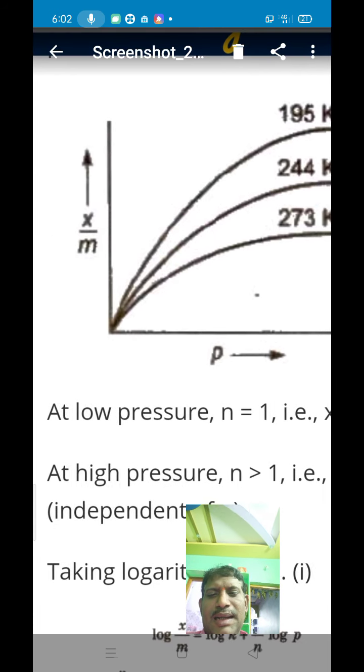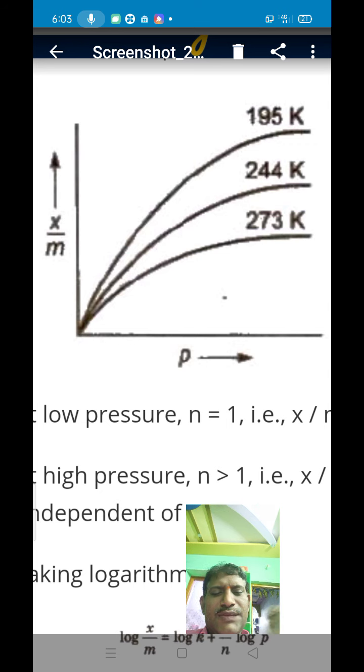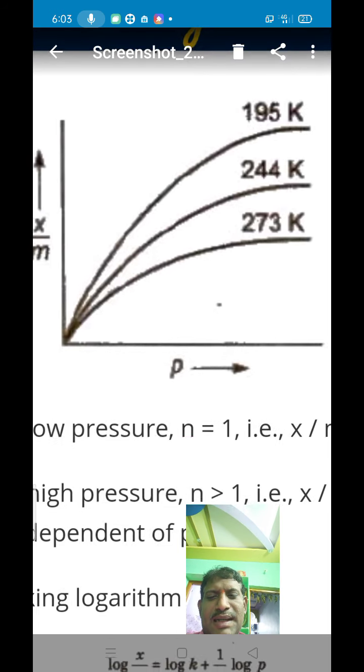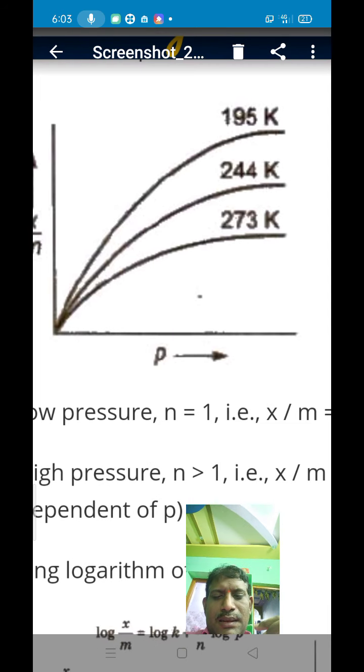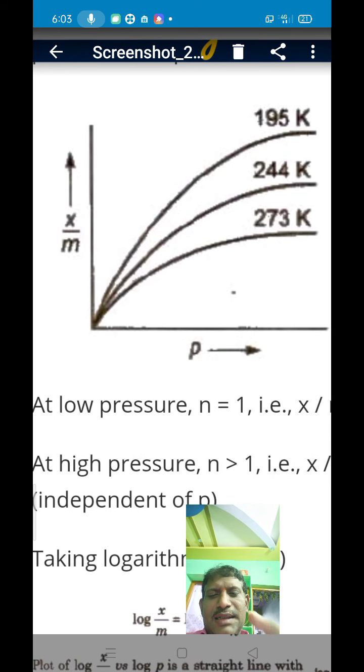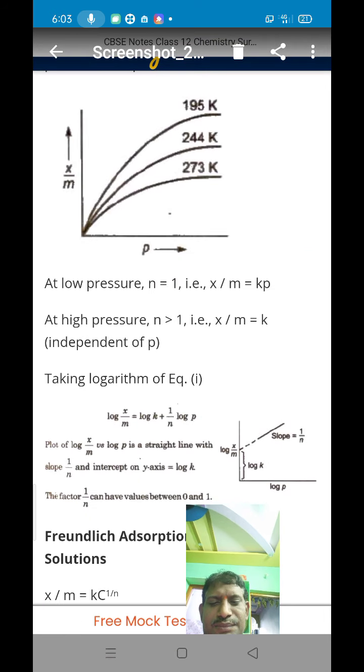That means at 195 Kelvin the extent of physical adsorption is very high, but at 273 Kelvin the extent of adsorption decreases at fixed pressure. Such curves are called isotherms.